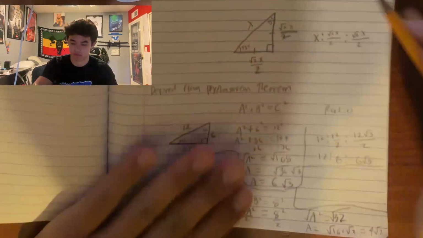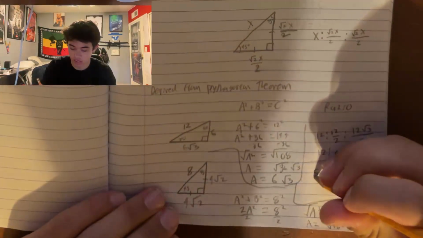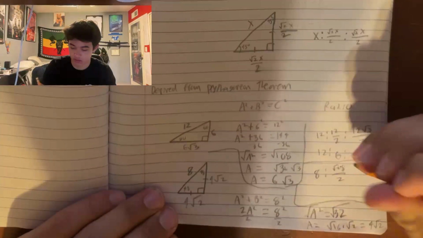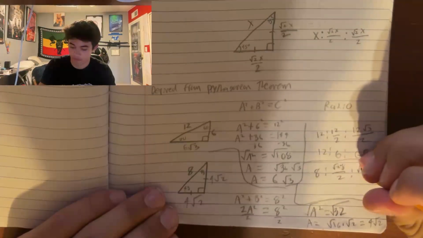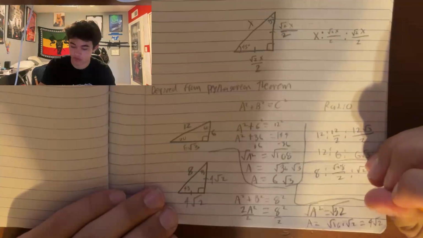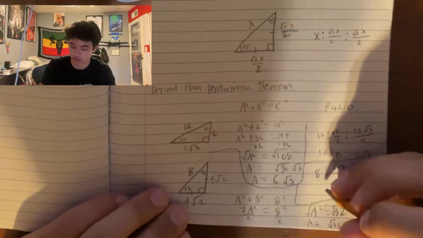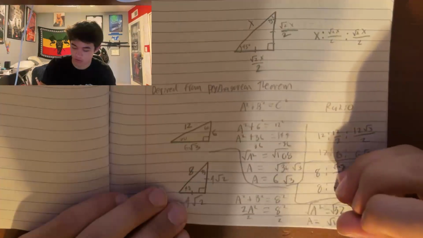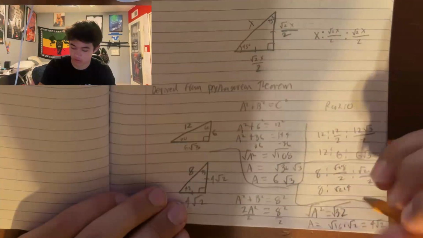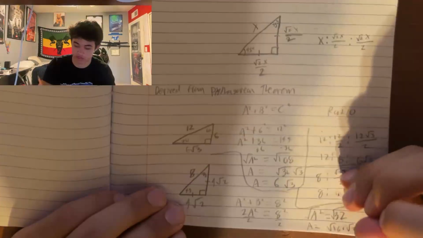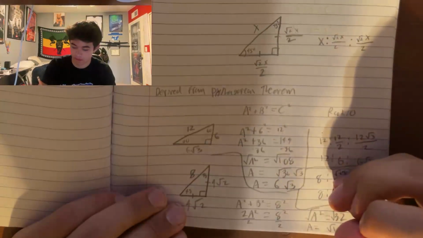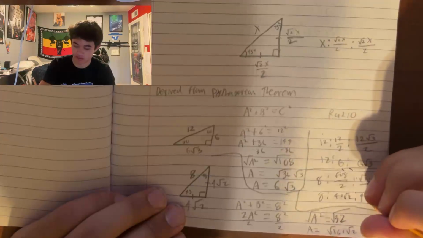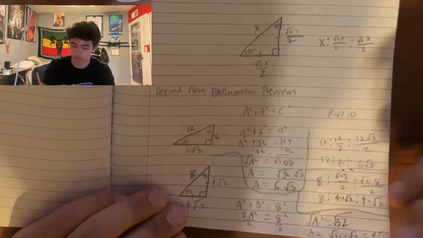So that would be 8, root 2 times 8 over 2, root 2 times 8 over 2. So 8 root 2 over 2, or 4 times root 2. Same thing, but it looks more satisfying like that. 4 times root 2. There you go.